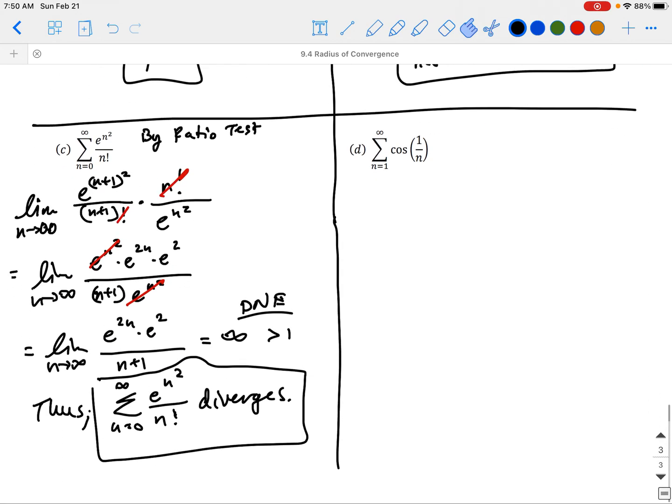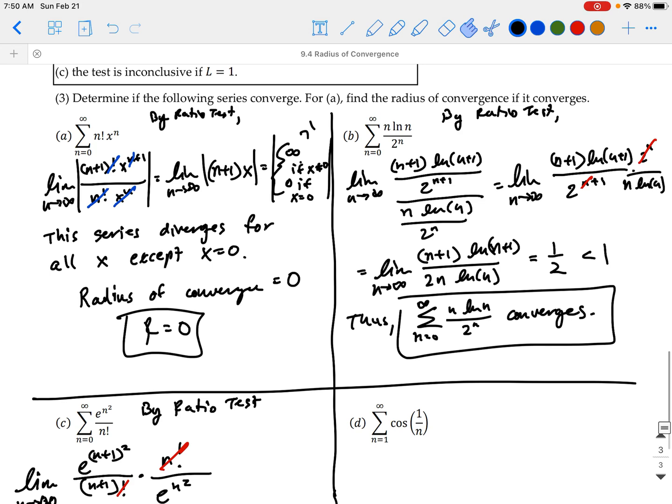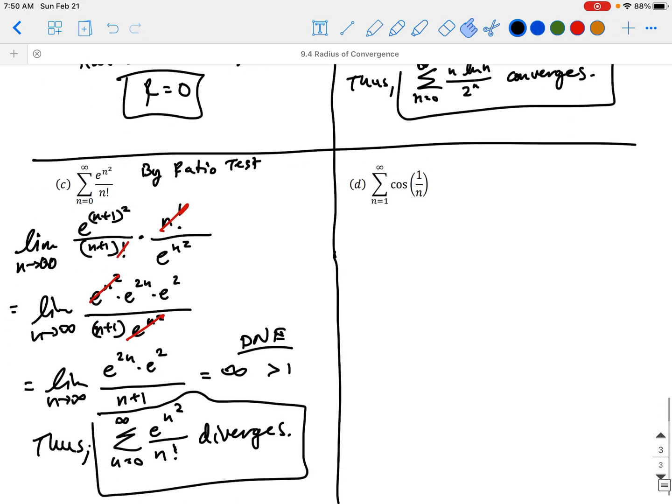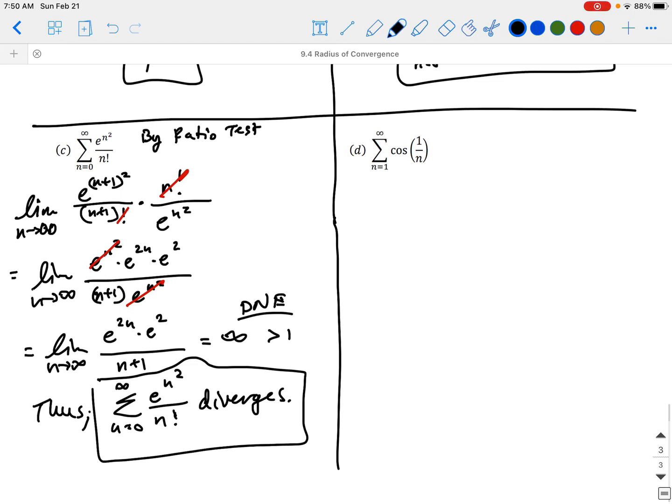So we've got a convergent series, a divergent series, a series that converges as a power series at radius of 0, and then D, we've got this cosine 1 over n. So let's take a look at this. So this would be an example where we couldn't use the ratio test.